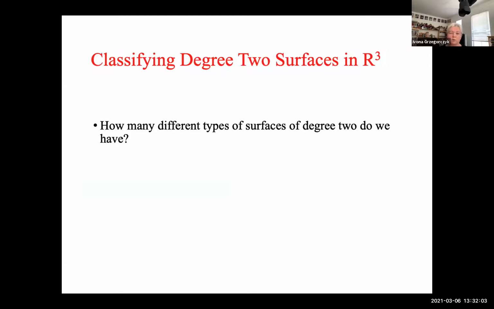Now, the big question, and this is something that you do in calculus with students at the end of Calc 3, is classifying degree 2 surfaces. Does anybody have an idea how many different types of surfaces we have if it's only degree 2? This classification is done.